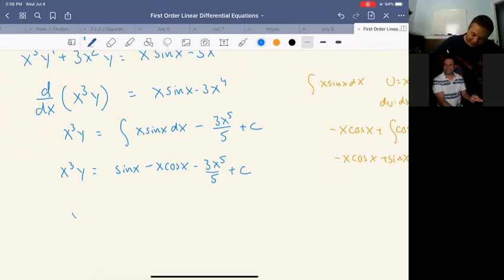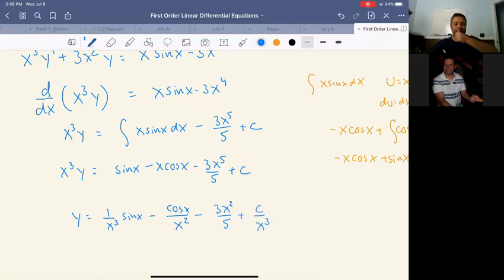So y equals 1 over x cubed times sine x minus cosine x over x squared minus 3x squared over 5 plus c over x cubed.